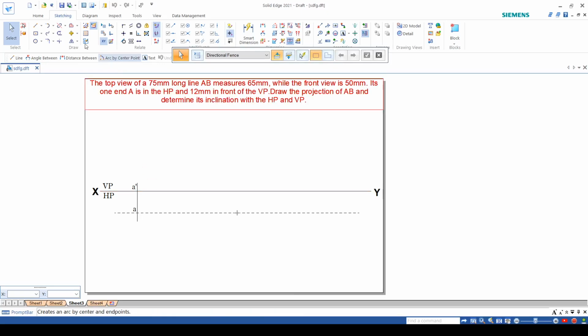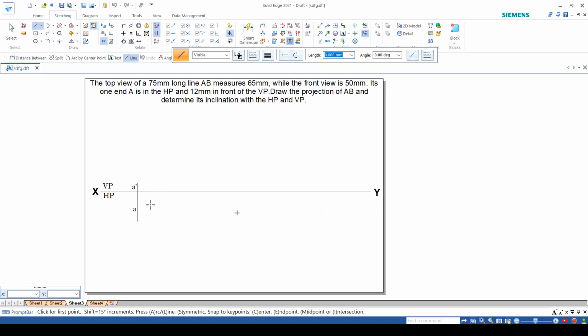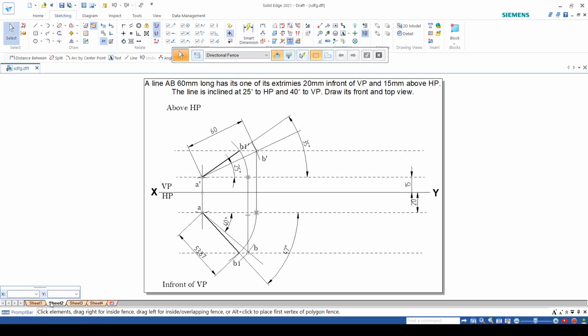First we would take a straight line of zero length, whose length would be 75. I just forgot to tell you one thing here.